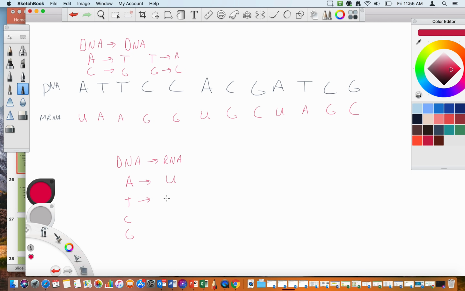We have a T in DNA, it'll be an A, C to G, and G to C. Okay, so very similar to the DNA base pairing rules, but there is no thymine in RNA.